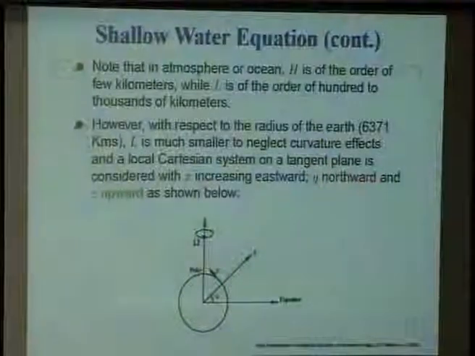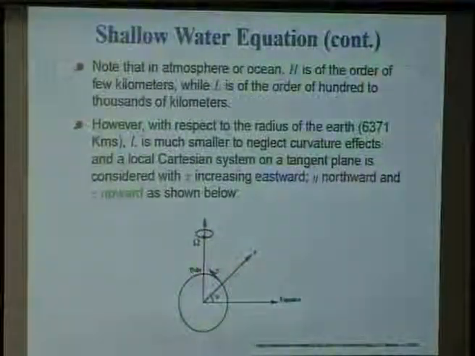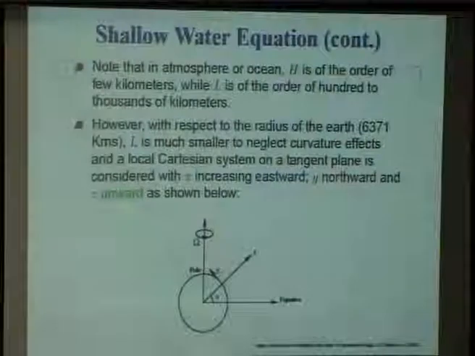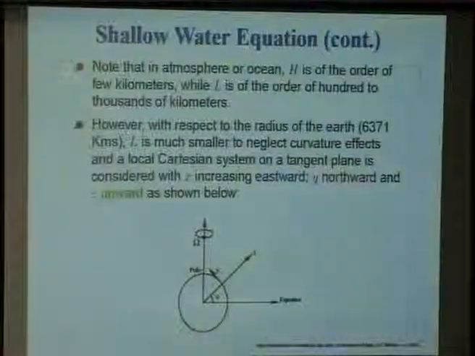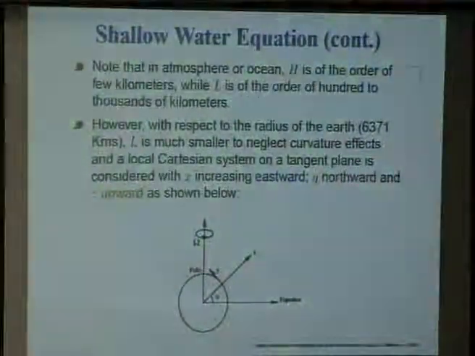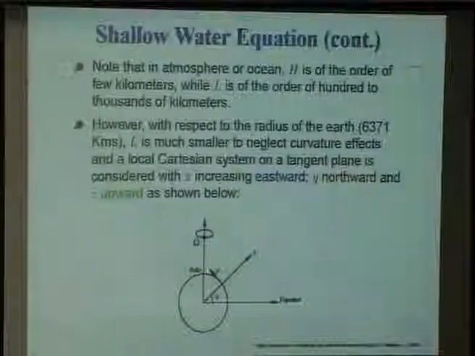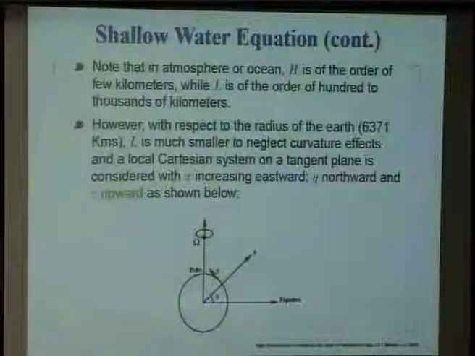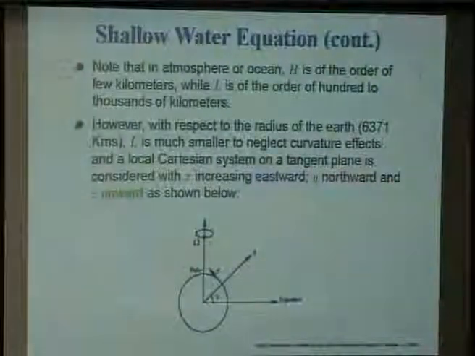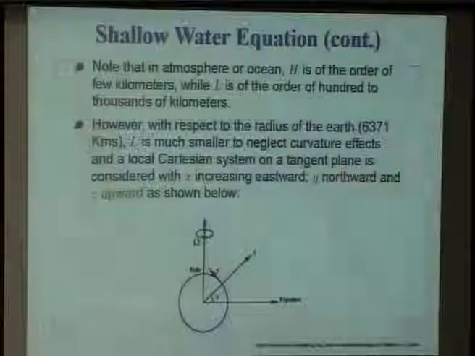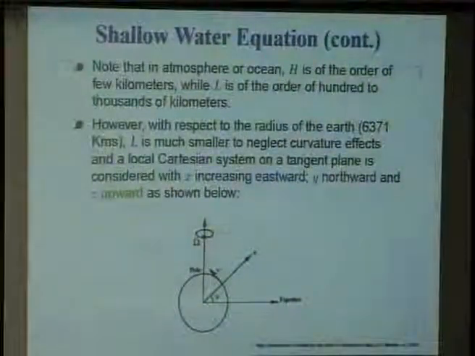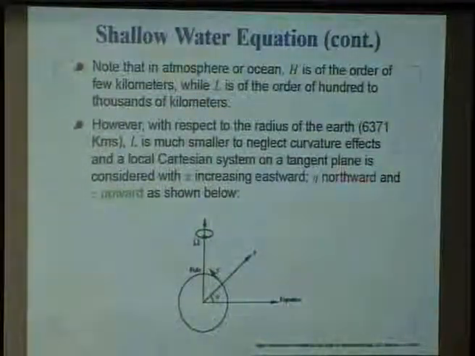You have the earth rotating about the pole, and as I told you, h is of the order of a few kilometers for oceans. For the atmosphere, you do not need to really go above even 11 kilometers, 20 kilometers, where you can account for about 80% to 90% of the mass of air.